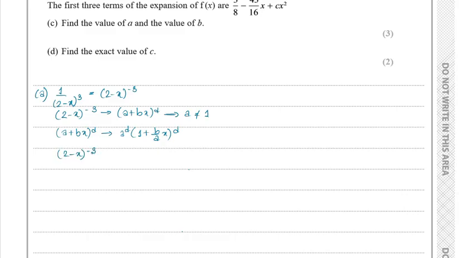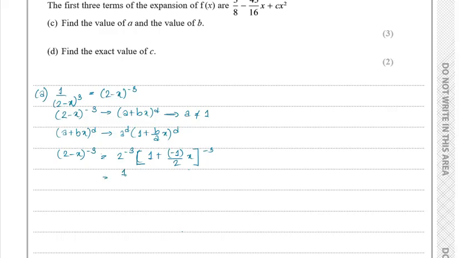So (2 minus x) to the power minus 3 can be written as 2 to the power minus 3, bracket 1 plus b is minus 1, and a is 2, so minus x by 2, bracket close to the power minus 3.